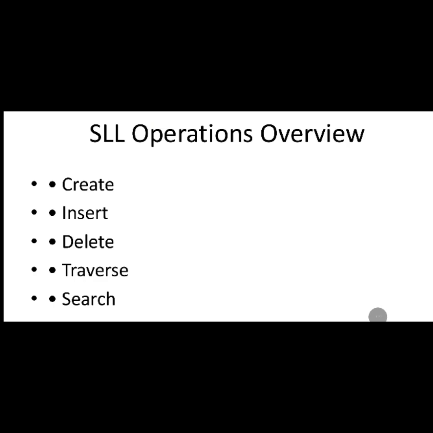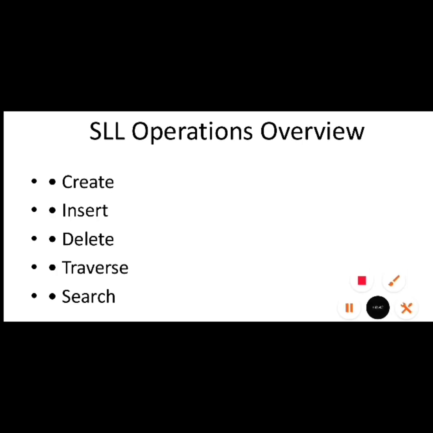The next slide is the singly linked list operations overview. Not only for singly linked list, but it is also applicable for the doubly linked list too. The operations used here are creation, insertion, deletion, traversing and searching. Insertion and deletion are done in 3 types: insertion at beginning, insertion at end and insertion at a specific position.